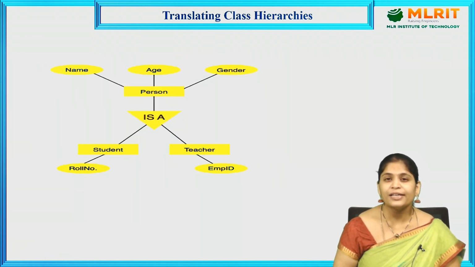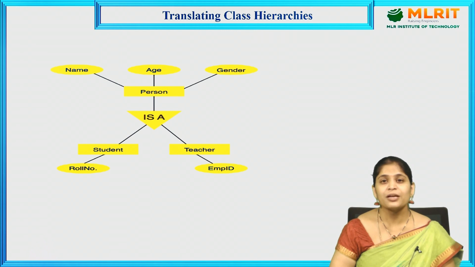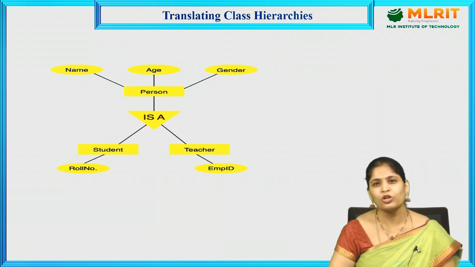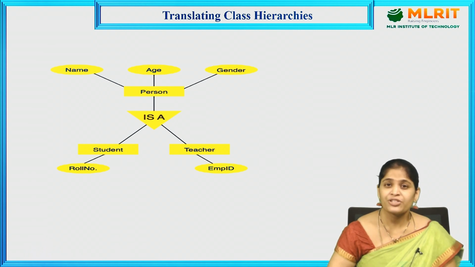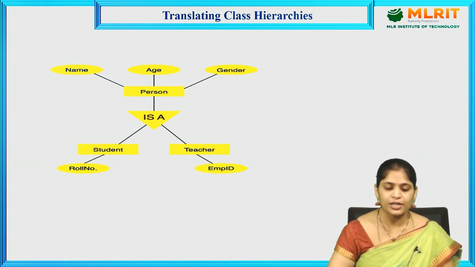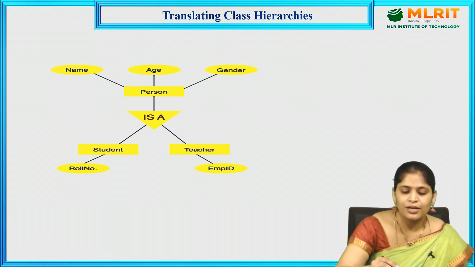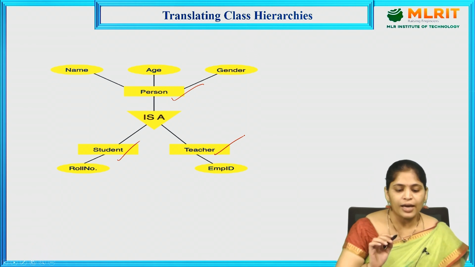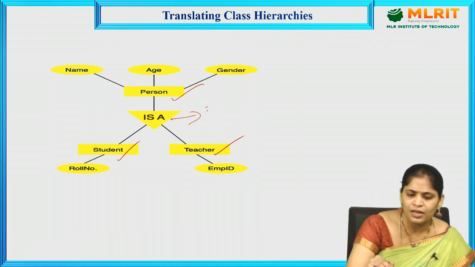Next, translating class hierarchies. As we have already discussed, what is a hierarchy? Here we have discussed two approaches, top-down approach and bottom-up approach. What is top-down, bottom-up, specialization, generalization, these concepts we have already dealt with. Here we have considered three entities: person, student and teacher.